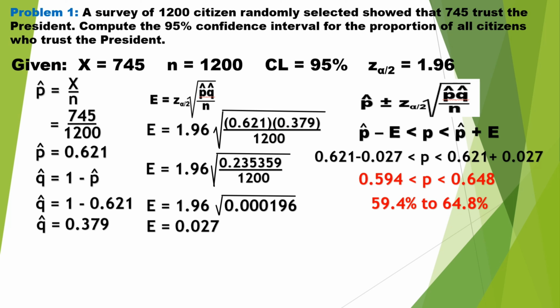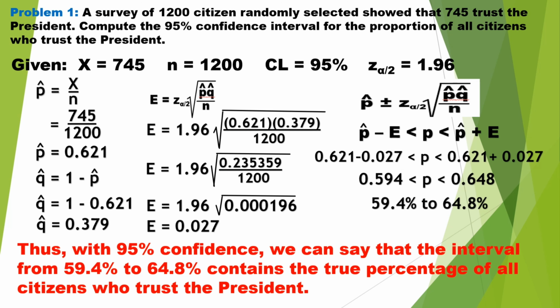Once again, to change decimal to percent, just move the decimal 2 places to the right and annex a percent sign. Therefore, with 95% confidence, we can say that the interval from 59.4% to 64.8% contains the true percentage of all citizens who trust the President.